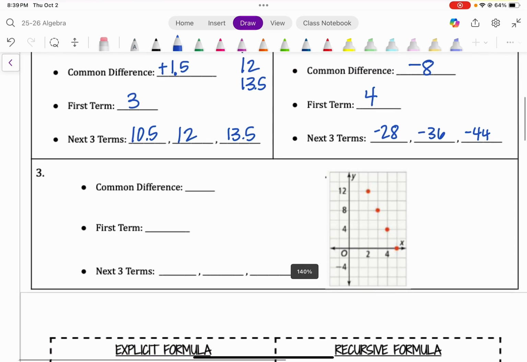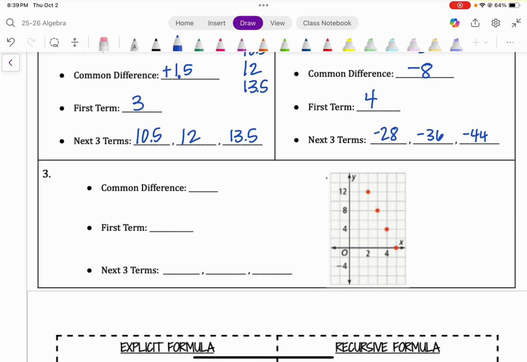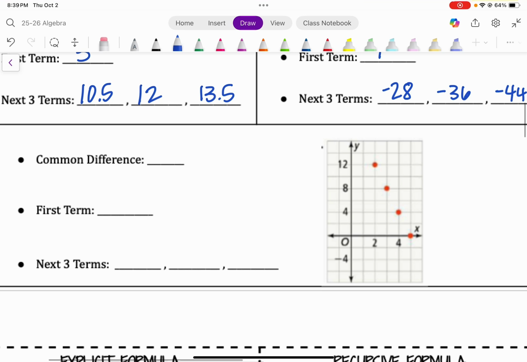Now, if we graph these, we're going to look at the y value of these points. So we've got a y value of 12. The first term would be 12.